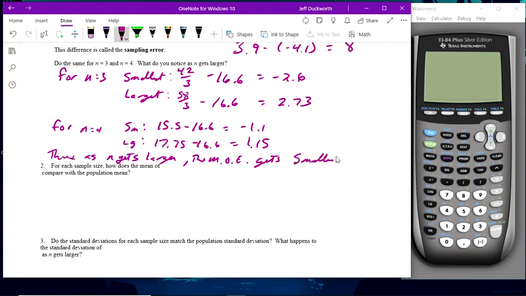Something along those lines. For each sample size, how does the mean, well, that should say x bar. So the mean of, here, let me write it in black. Mean of x bar compared with the population mean. Well, they're the same.